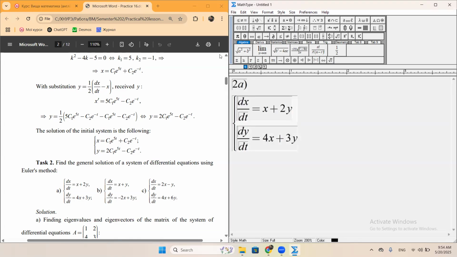And how to solve it? Let us set up the matrix of these coefficients, the coefficients before the functions x and y in both equations. We will find eigenvalues and eigenvectors. So 1, 2, 4, and 3.